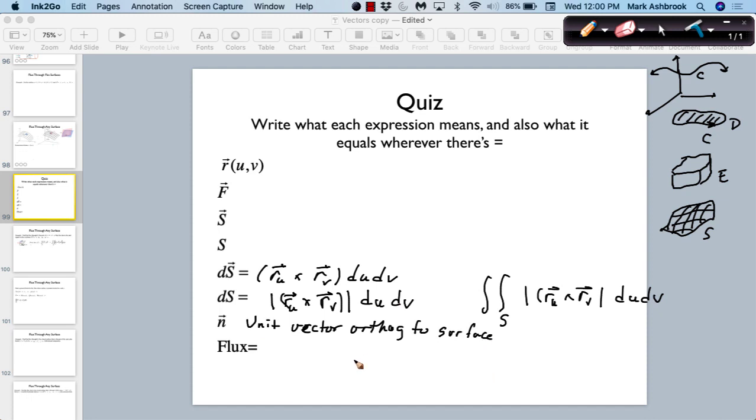All right, and then what is our flux? So our flux is then the flow rate of F through S. And so we have to do that one element at a time. We're going to take the F at every element parallel to the S vector or orthogonal to the S vector?